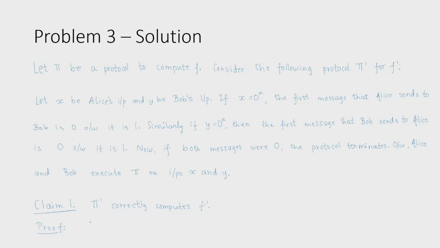So there are two cases. Case 1: the first two messages are both 0.